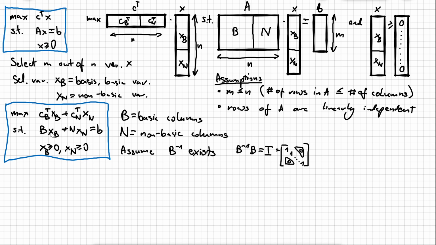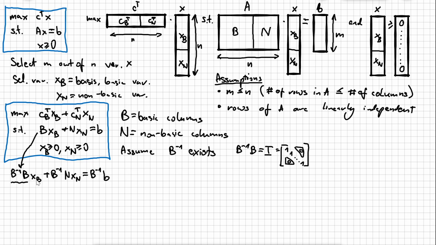Now, if it exists, I can actually rewrite the constraints. How can I modify them? I can take the constraints and say, let's multiply both sides by B minus 1. So I'll have B minus 1 times B xb plus B minus 1 times N xn equals B minus 1 times the right-hand side b. And of course this I can rewrite a little bit more. This now is the identity matrix that I defined here.